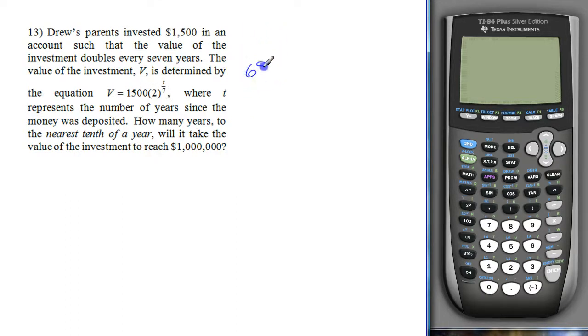It'll take 65.7 years to hit $1 million.